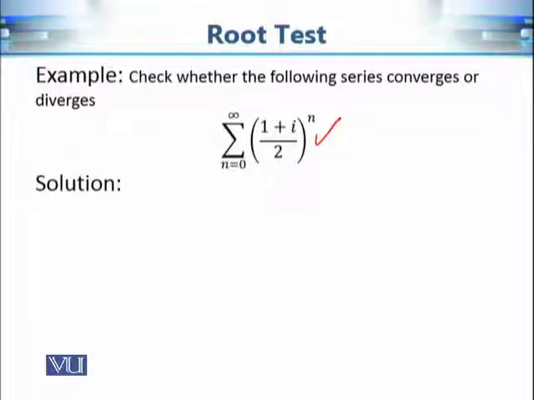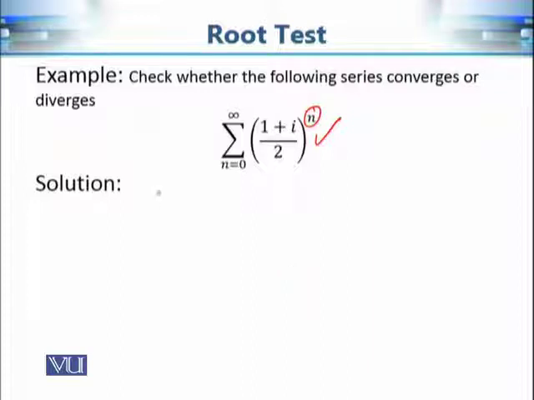For example, if we want to compare the root test and the ratio test, this power n guides us that if we apply the root test, it will be extremely simple because the nth root will cancel this n and we will get a very simple situation.